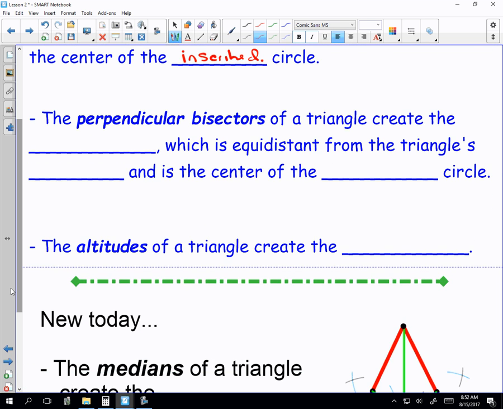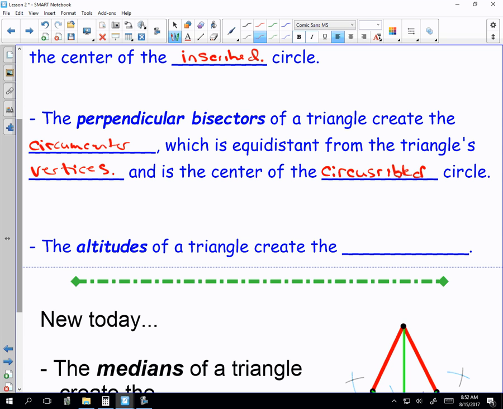The perpendicular bisectors of a triangle create the circumcenter, which is equal distance from the triangle's vertices, and is the center of the circumscribed circle.